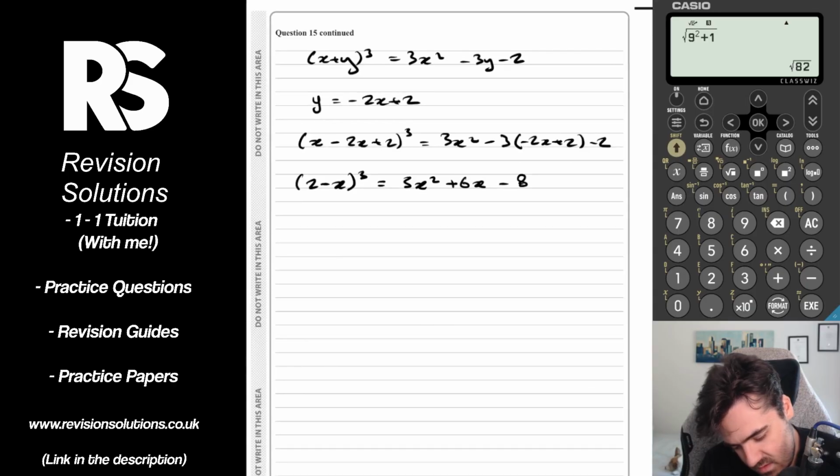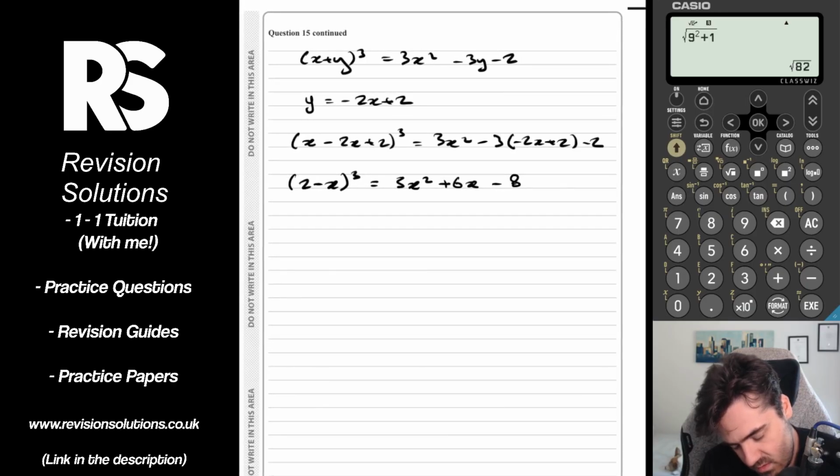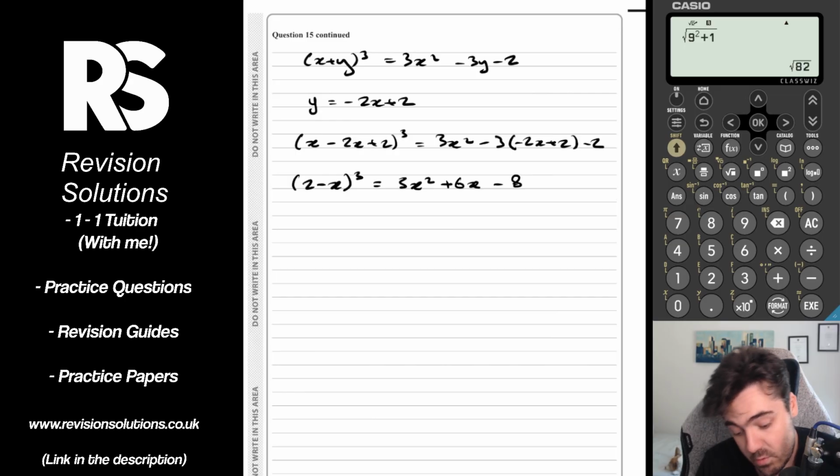And then this is a cubic. But we know one solution, don't we? Because we know one intersection point already.